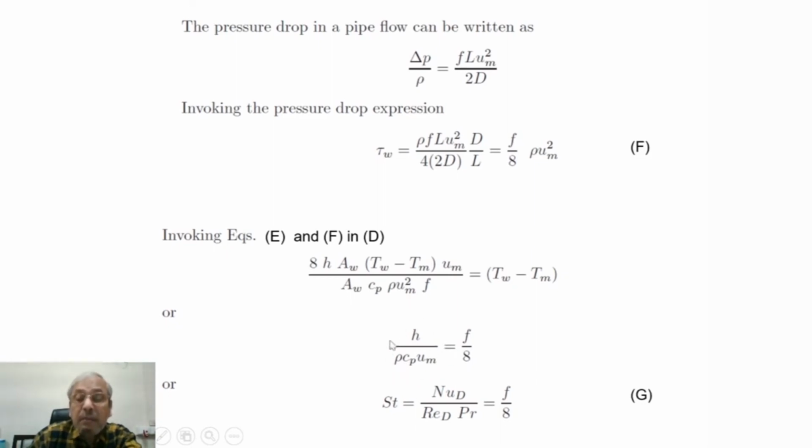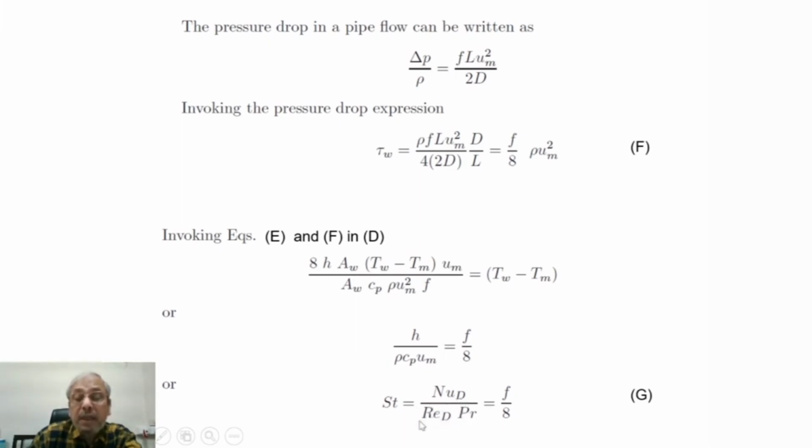And Stanton number can also be expressed as Nusselt number divided by Reynolds number and Prandtl number. Nusselt number here has been defined based on the duct diameter or the pipe diameter. Reynolds number has also been defined based on the duct diameter or pipe diameter.